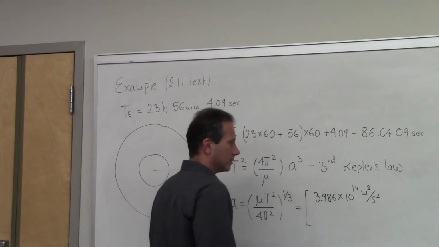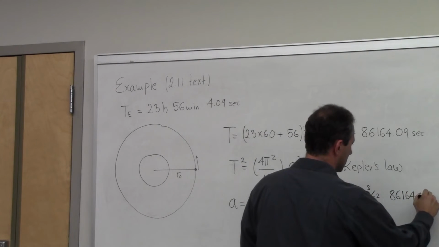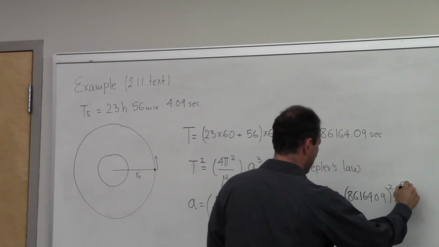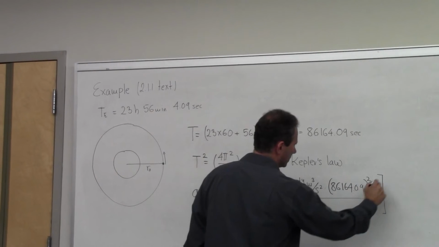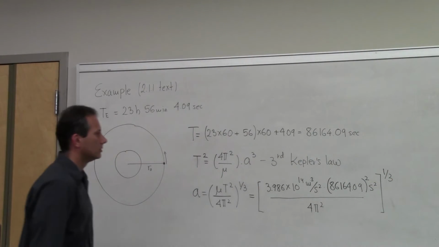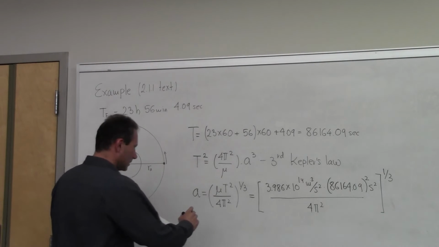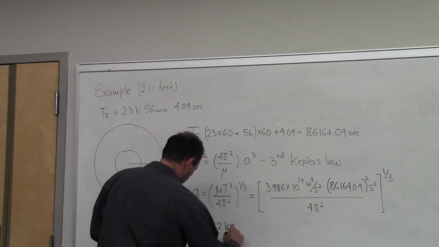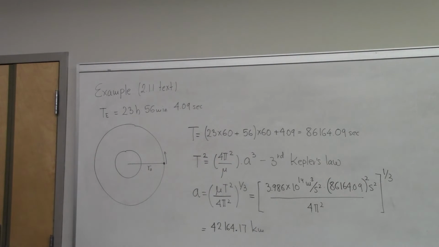So this is the value of Kepler's constant, times 86,164.09 seconds squared, and then divide by 4 pi squared, taking the third root. And when I do the calculations, this is 42,164.17 kilometers. So roughly 42,000 kilometers, from which point? From the center of the Earth, right?